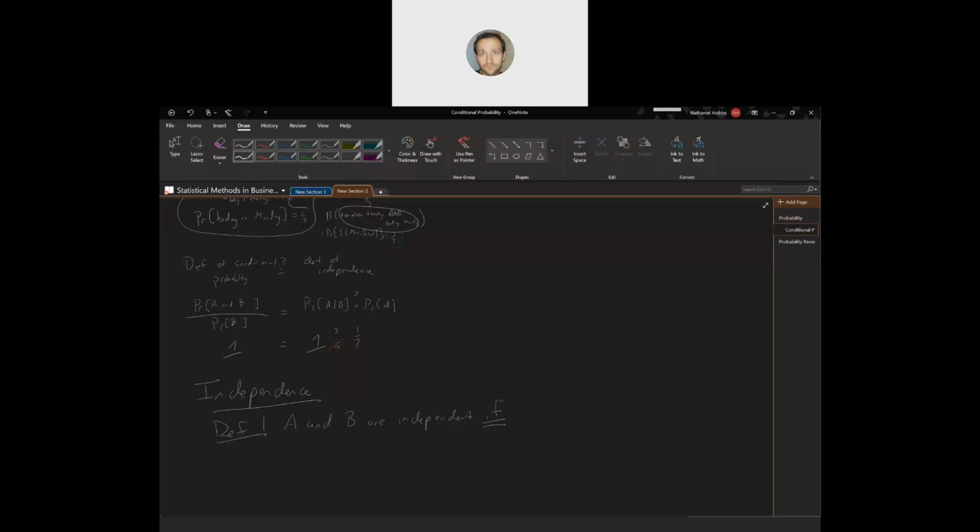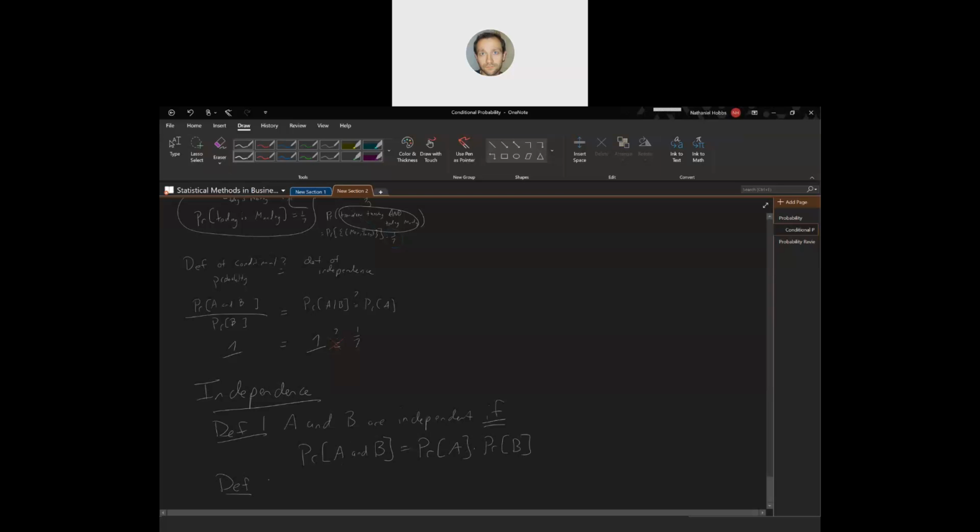So this isn't something that always works, but if it works, then these things are independent. That's the probability of A intersect B is equal to the probability of A times the probability of B.